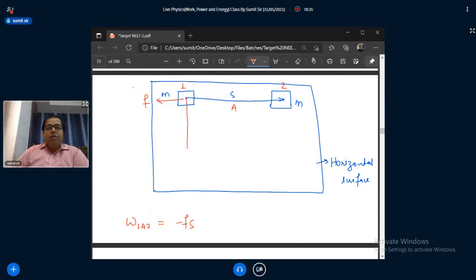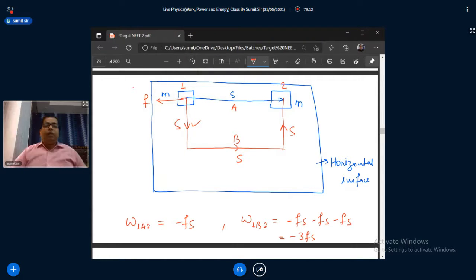But when you take the particle on this path, suppose each length is also S. This is also S and this is also S. So now work done from 1 to 2, we will have minus friction into S for the first part, minus friction into S, minus friction into S. So that is minus 3Fs.